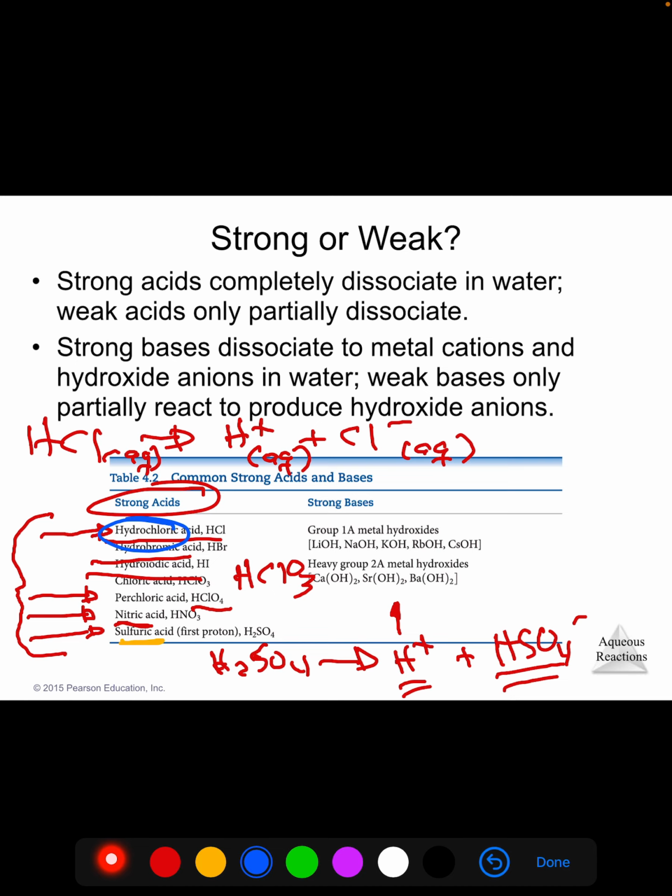So these strong acids dissociate completely. That's what makes them strong. The weak acids only partially dissociate. For example, let me just go on. This is a weak acid.